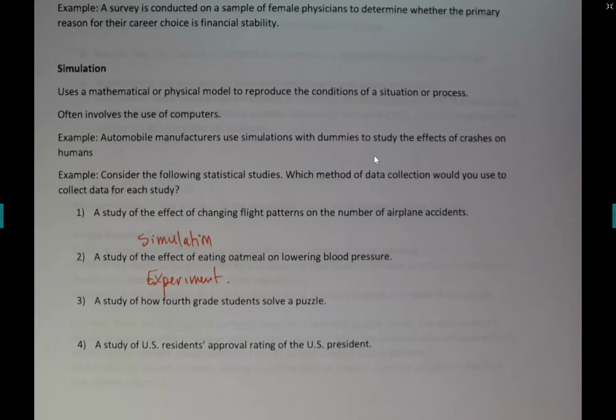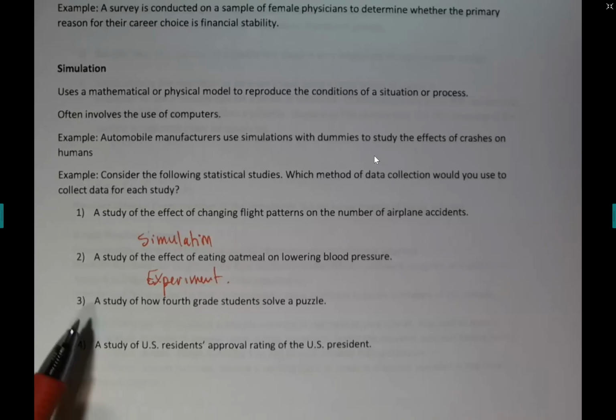One group will be asked to eat oatmeal for a while, probably a month, 2 months, 3 months. Another group will just continue doing their diet without the oatmeal. They will take the blood pressure of everybody who participated before the study, and then they'll take their blood pressure after they conclude the study, and then they determine whether oatmeal helped lower blood pressure or not.